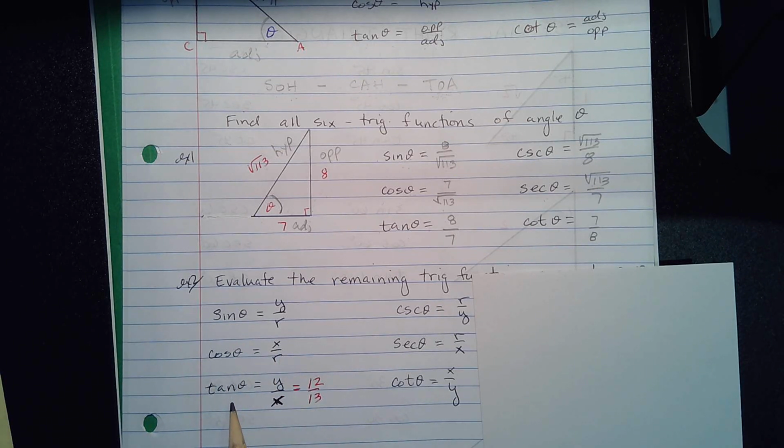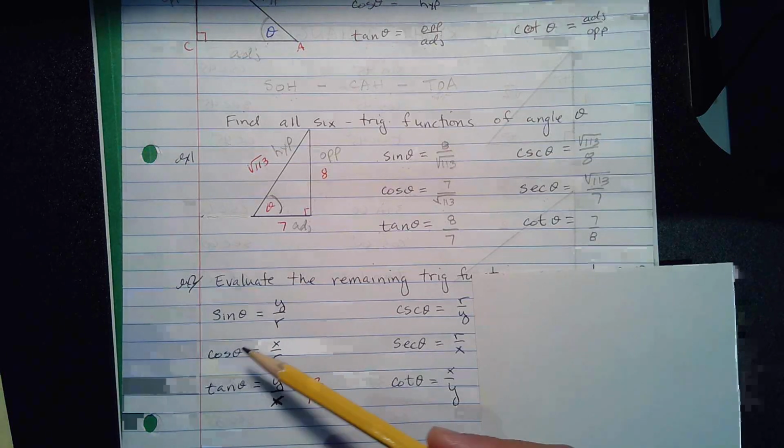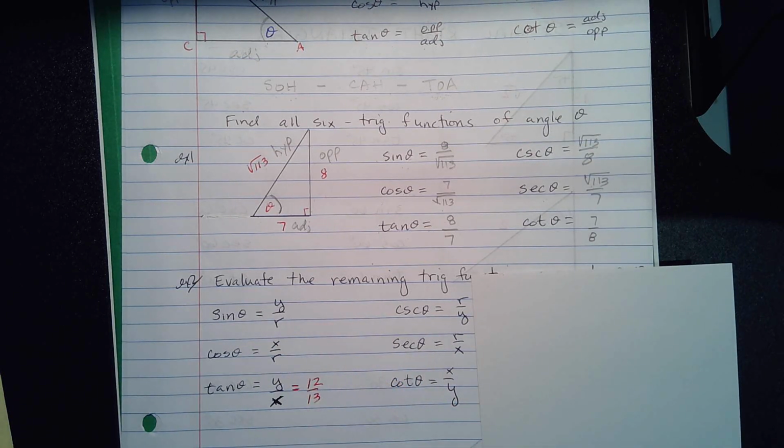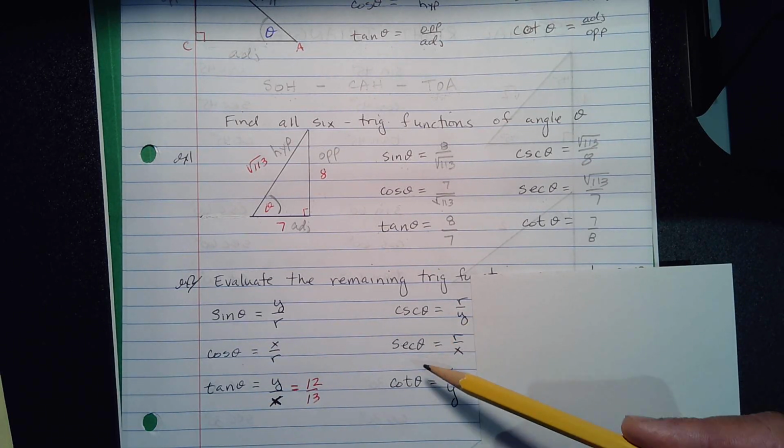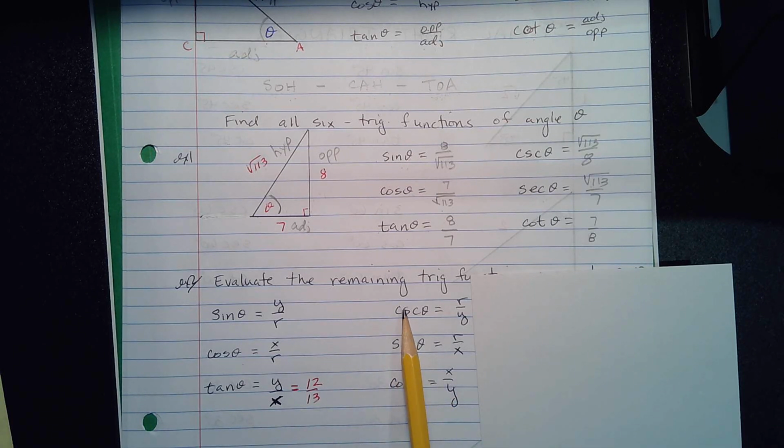And tangent theta will always be sine over cosine, y over x. So once again, sine theta, always think y. Cosine theta, always think x. And if you know sine, cosine, and tangent, we know cosecant, secant, cotangent, because we know that these trig functions are reciprocal partners of these trig functions.